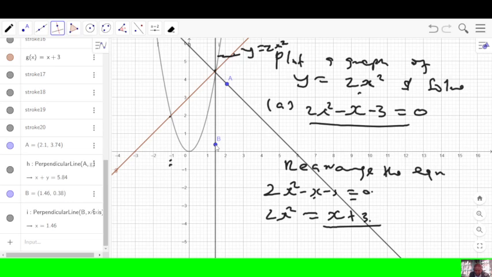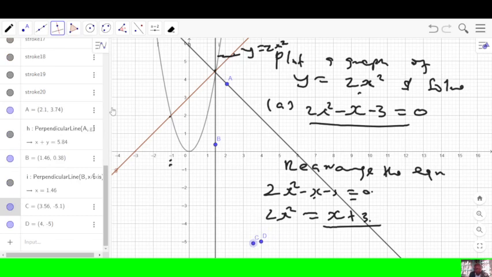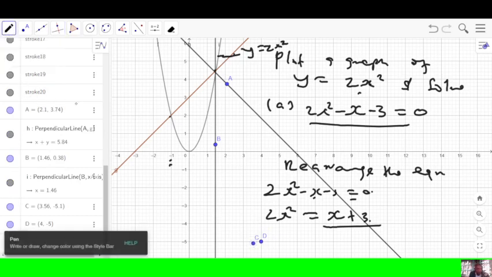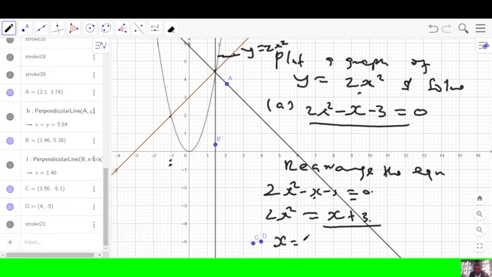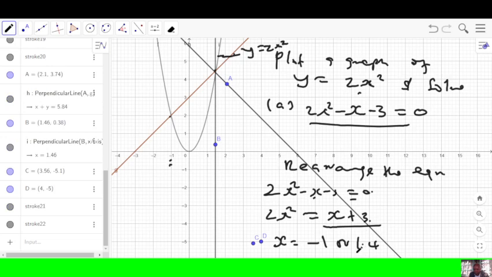This should be about 1.4. Yeah, that's 1.4. So that means the value of x is -1 or 1.4, and that will be the solution for this equation.